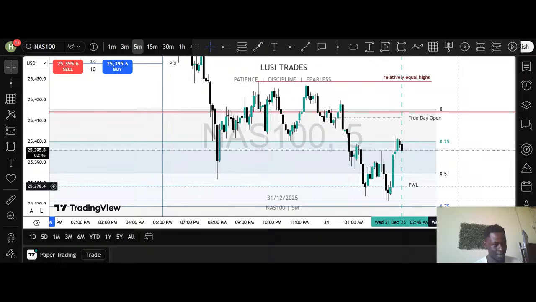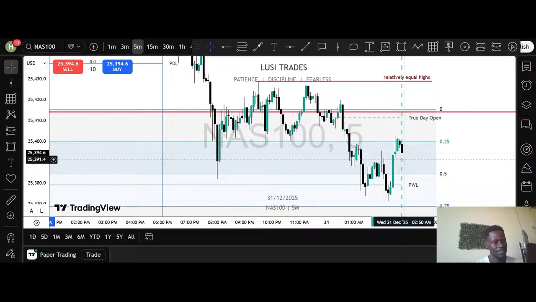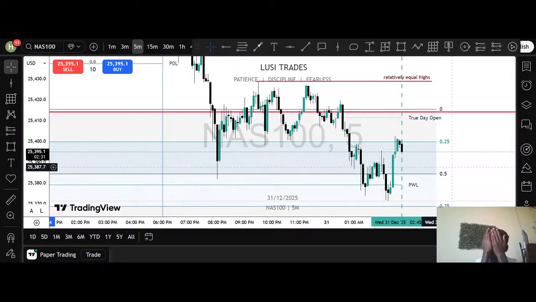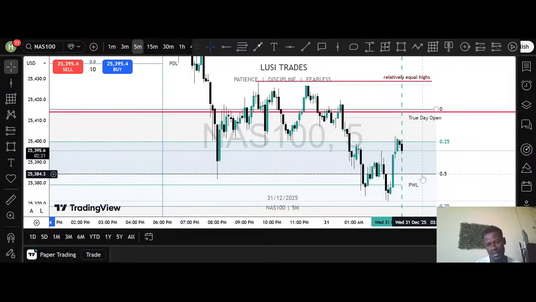Yeah. So our question remains to be, are we able to trade back into this BC? So let's wait and see. Because also we were watching the sensitivity around that 25 quadrant level. Yeah.